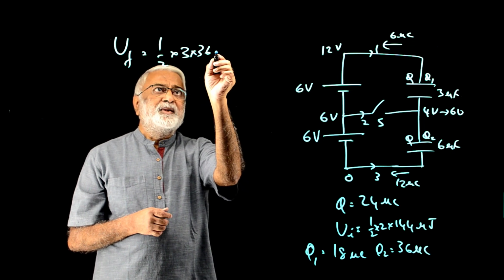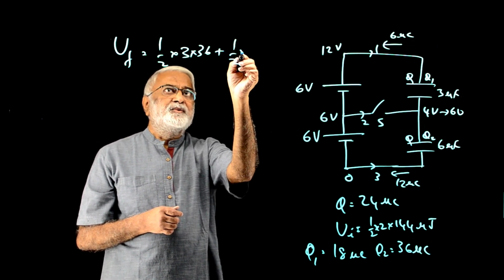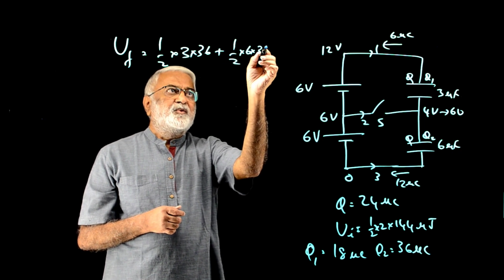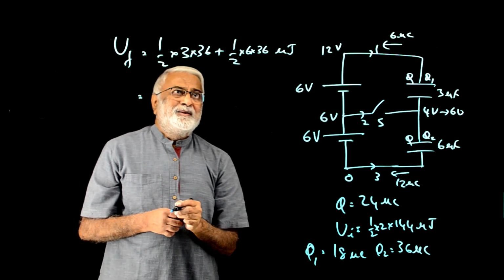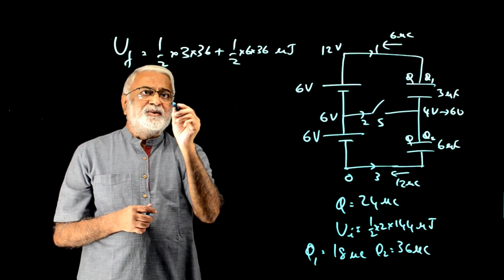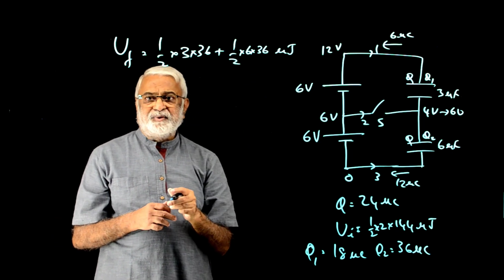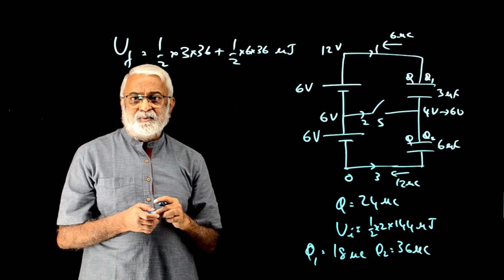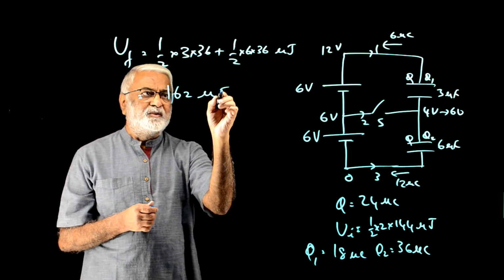Plus the other one, half into 6 into 36 squared. So how much will this be? This is 18 into 3, 54, and then this is 108, 54 plus 108 is 162, right? This is 162 microjoule.